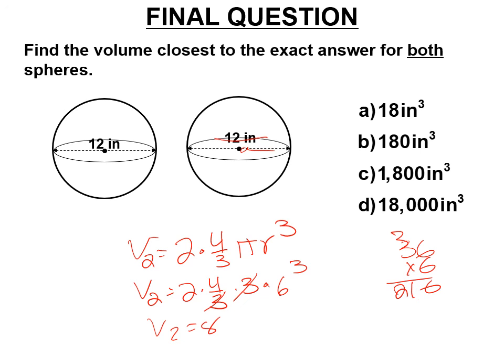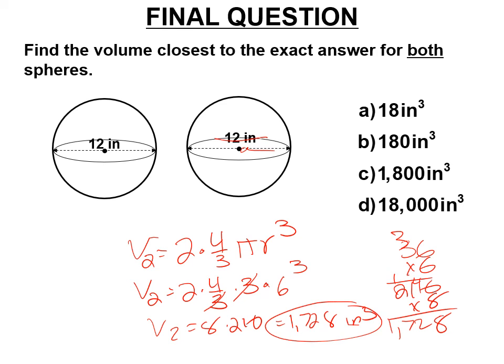And now I have to do 216 times 8. Let's see, 6 times 8 is 48. 8 times 8 plus 4 is 68. 8 times 2 is 16 plus 6. I'm getting 1,728 cubic inches, but I used 3 for pi, so I'm too low. It must be 1,800 cubic inches. Good luck with the homework.